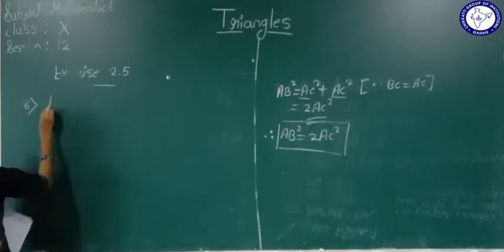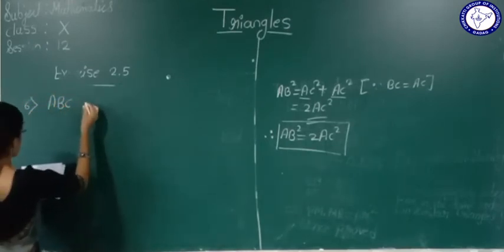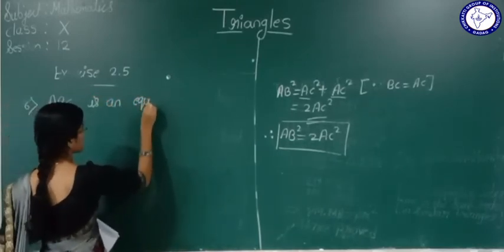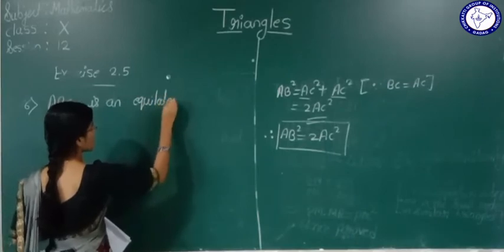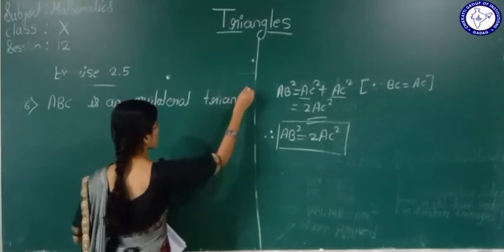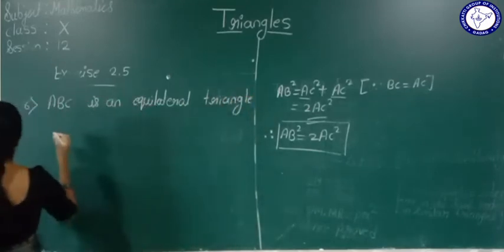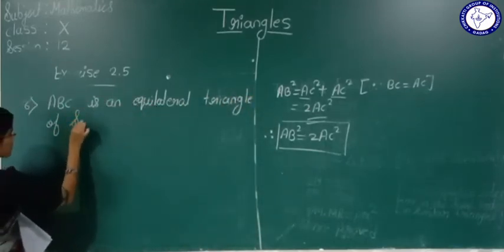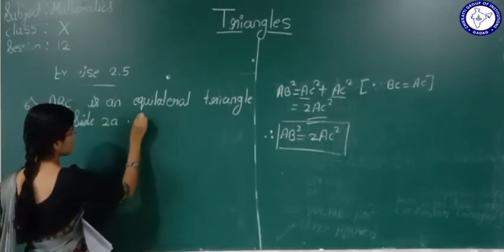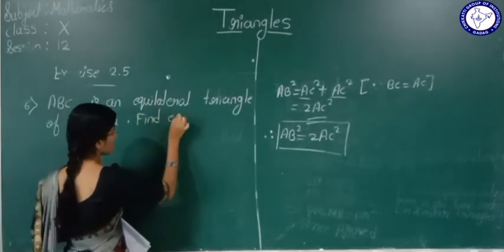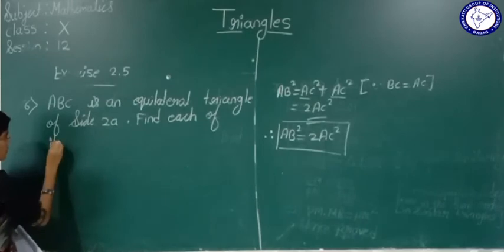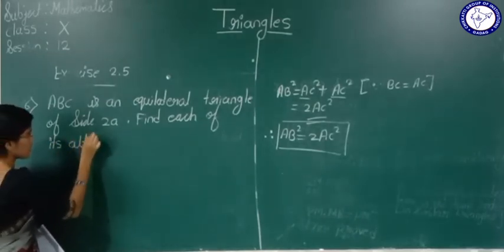Now the sixth problem tells us: ABC is an equilateral triangle of side 2A, find each of its altitudes.